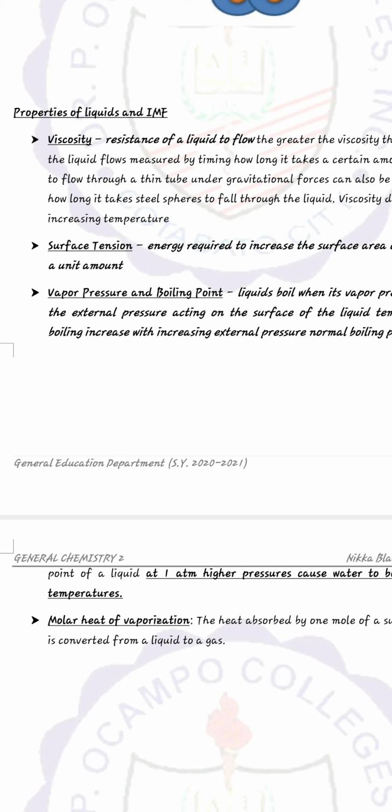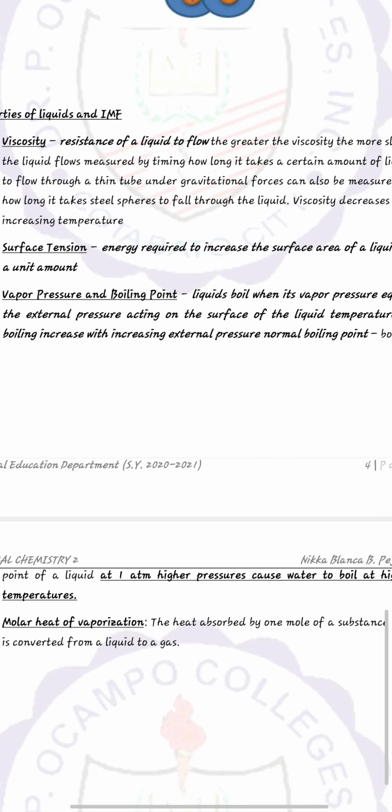Okay, for properties of liquids, the number one property is viscosity. Viscosity is the resistance of a liquid to flow. It is very easy to know because I've already highlighted the important meaning of a certain property. Viscosity, a resistance of a certain substance to flow.